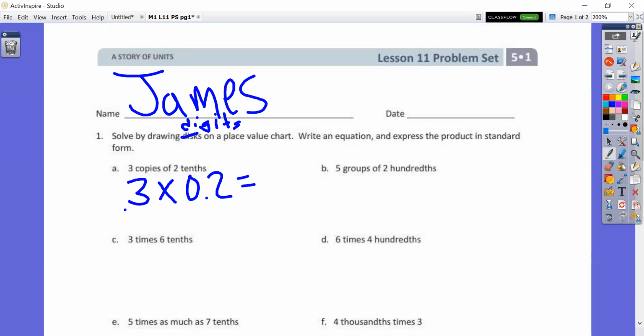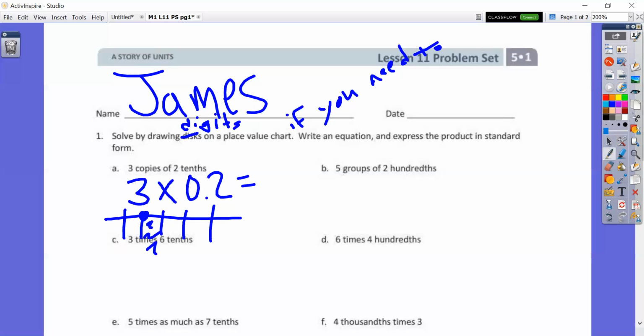Well, if we want to use a place value chart, hey, thanks, Lucas, for doing lesson 9. Actually, it's going to be so tight. But if you need to use it, 3 groups of 0.2 is going to be 6/10 because I would have my 2, 2, and 2.